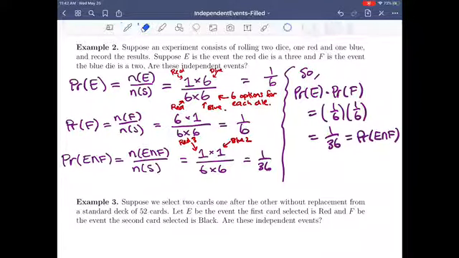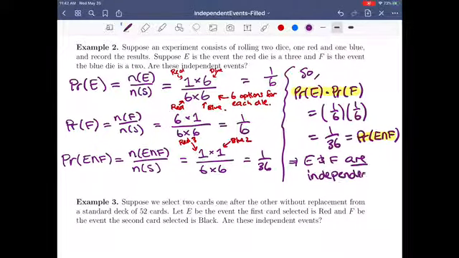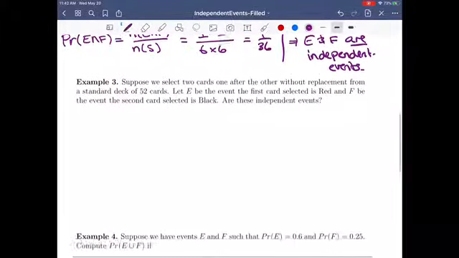Because this is equal to that, so the probability of E times the probability of F equals the probability of E intersect F, we say that E and F are independent events. Just like we thought they would be. Okay, let's try the next one.